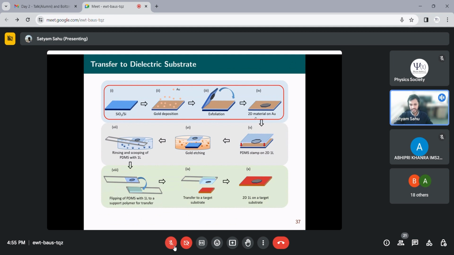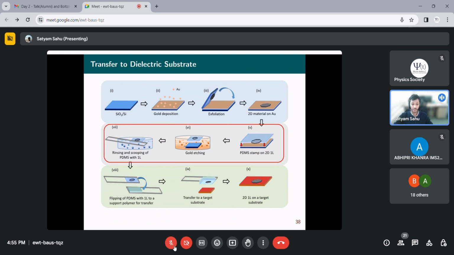Then we put a polymer stamp on top of the flakes which were on gold, and then we put the whole stack in a solution here, and what the solution does is it removes the gold from the surface of the substrate.